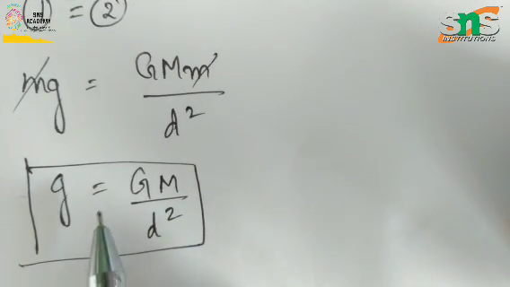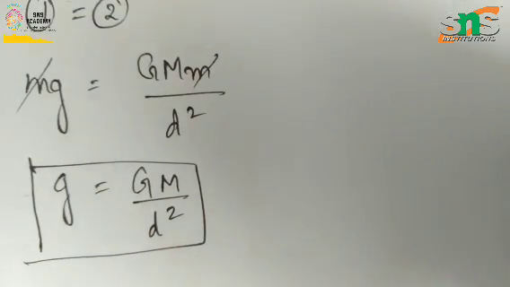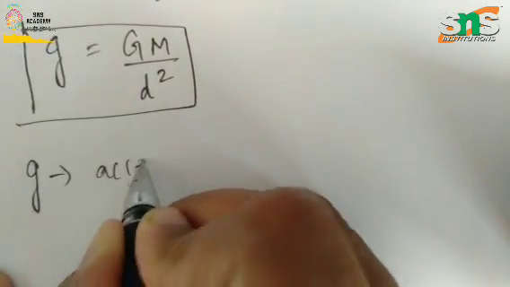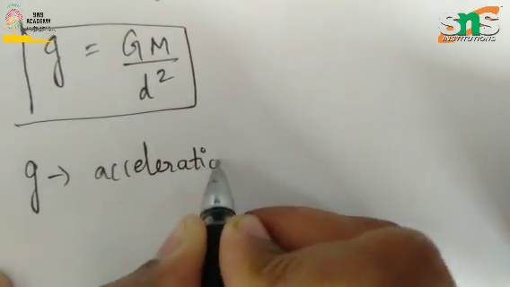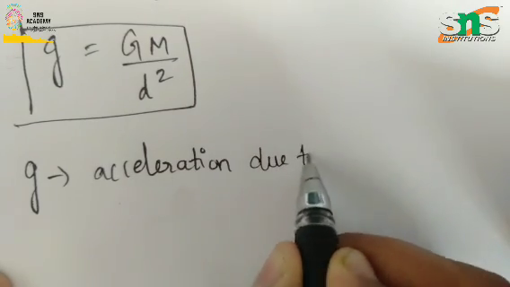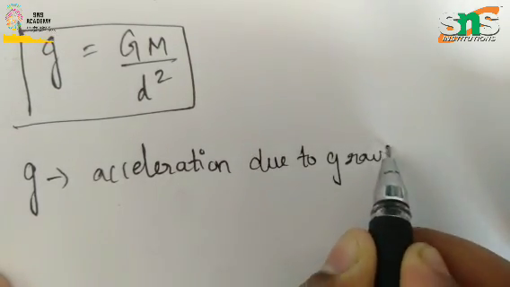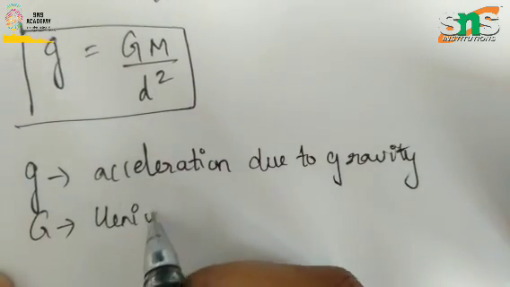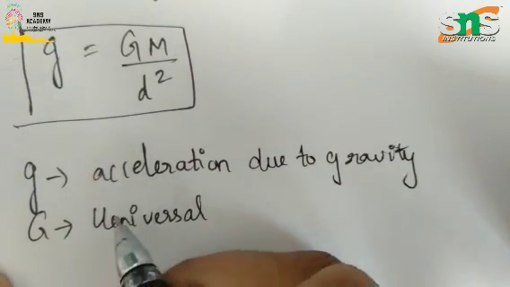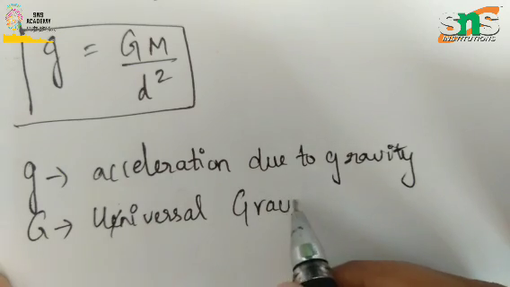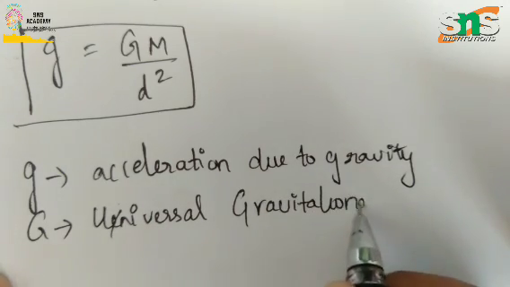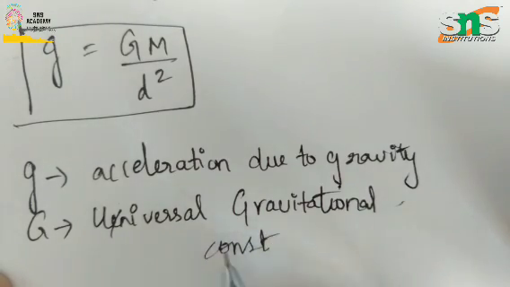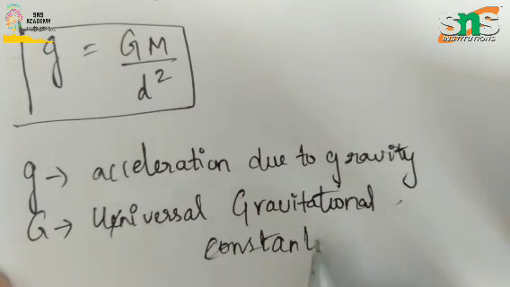Where small g stands for acceleration due to gravity, and capital G stands for universal gravitational constant.